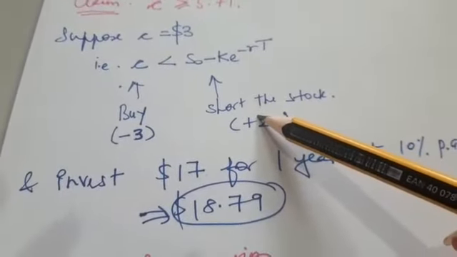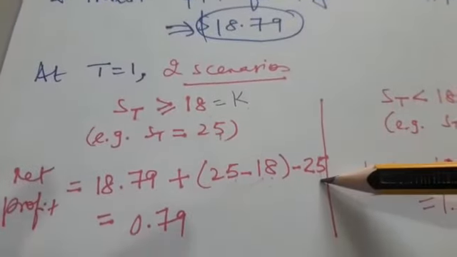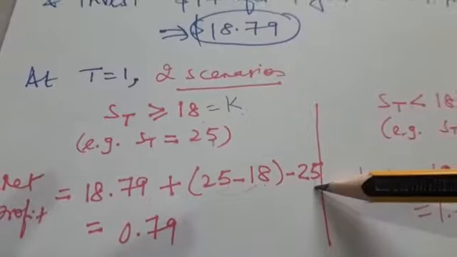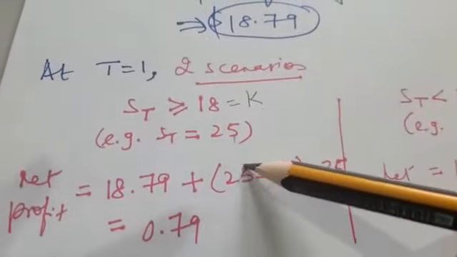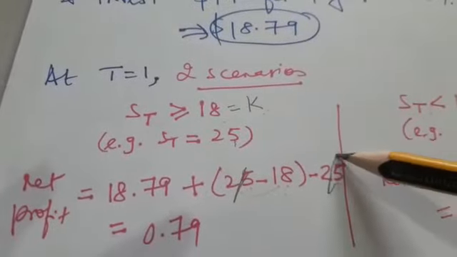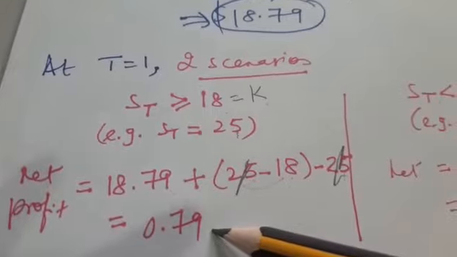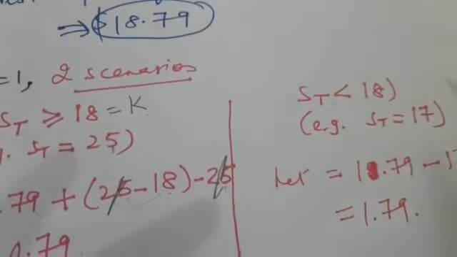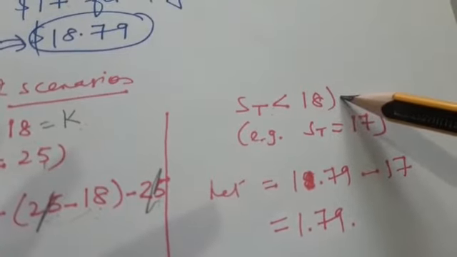So now you have to return that stock, and for that you'll first buy it at $25 from the market, and then you will return the shares you borrowed. So you can see here the 25 will cancel out the 25, and you will get an arbitrage profit of 79 cents.